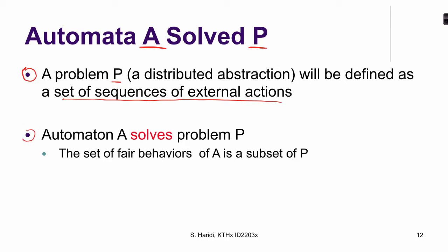An automaton A solves a problem P if the set of fair behaviors of this automaton is a subset of the set of all possible sequences or behaviors of the problem P. So if here is the set of all possible behaviors of P, and here is the set of all possible behaviors of automaton A, then we say that A solves this problem. What it produces is consistent with the possible behaviors of the problem.